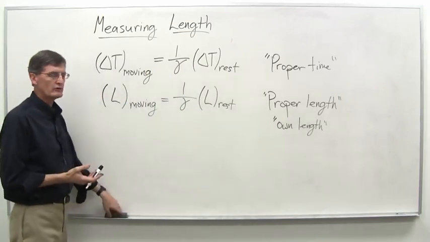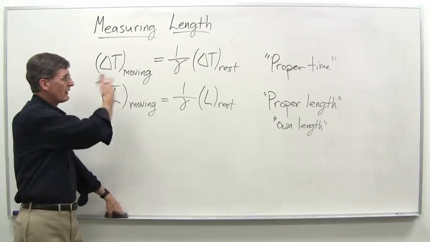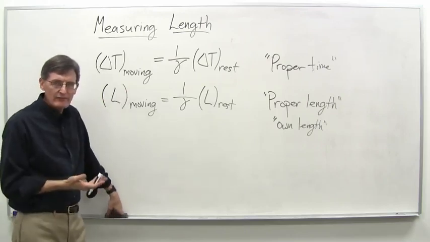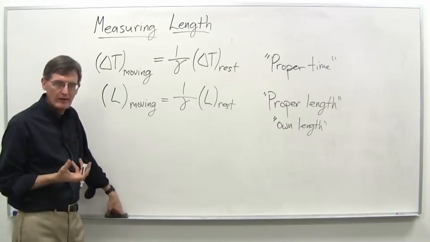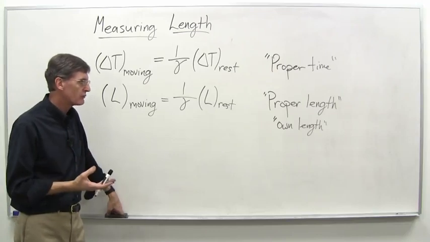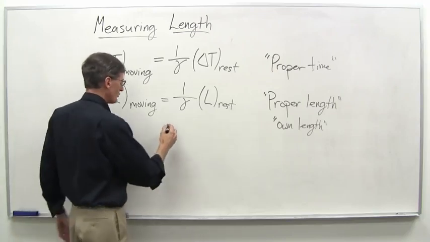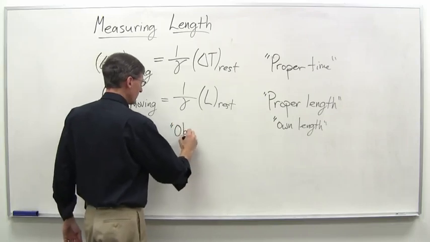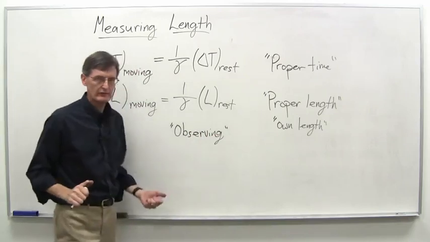One more question here. We actually asked this before when we talked about time dilation. Is this real? As Bob's ship goes by, what does Alice actually see? Well, here's where we have to go back to the distinction we made early on between observing something versus perhaps seeing something.